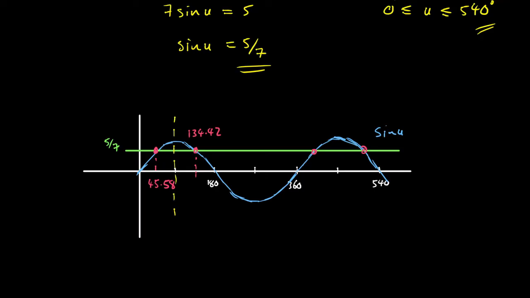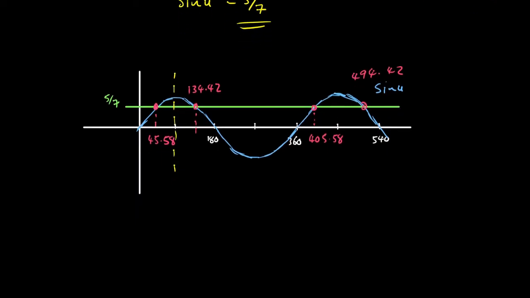So that value there is 405.58. And then I can do the same thing with this point here. If I add 360, it will bring me to that point there because it's another wave along. So 134.42 plus 360 is equal to 494.42.